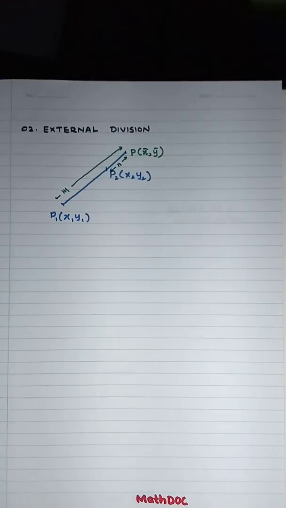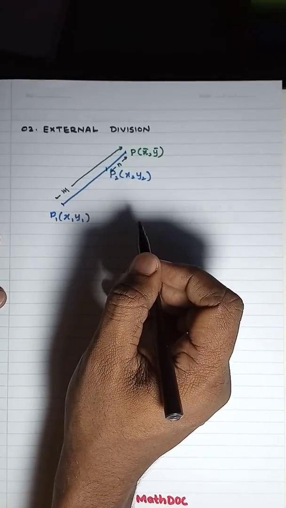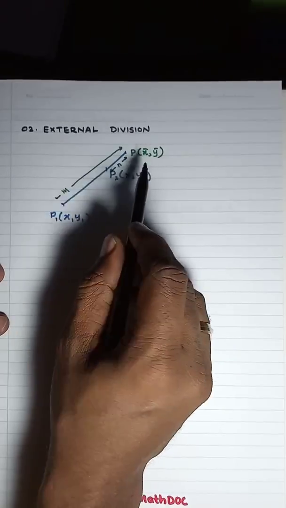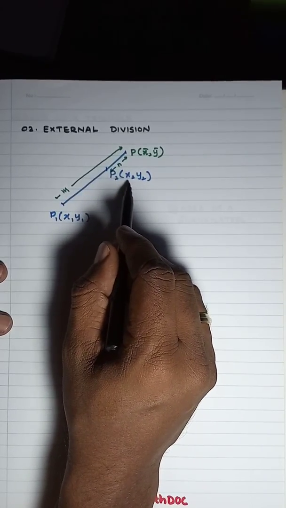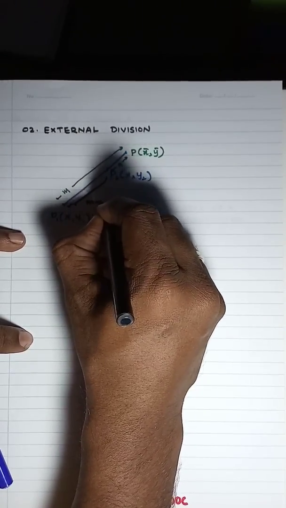Then by the previous theorem, for external division you consider P as given and P2 as the one to find, which is internal division. Then we can write this ratio as m minus n.